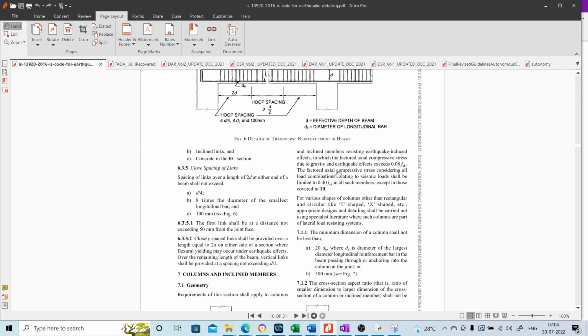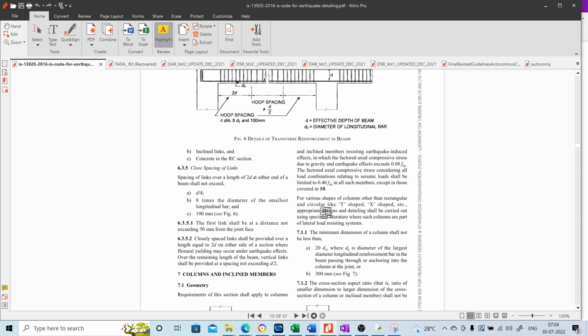Now basically, for example, if the axial compressive stress exceeds this value, then you will be considering it as a column. If you look into a beam, you will see that the criterion for a beam is the axial load in it should not exceed this particular 0.08 fck value.